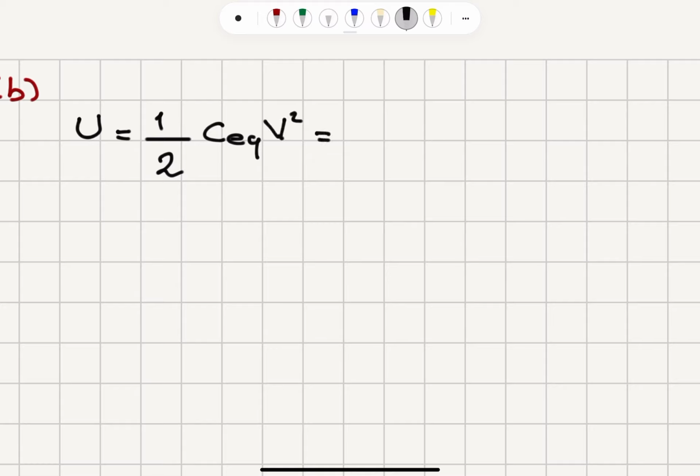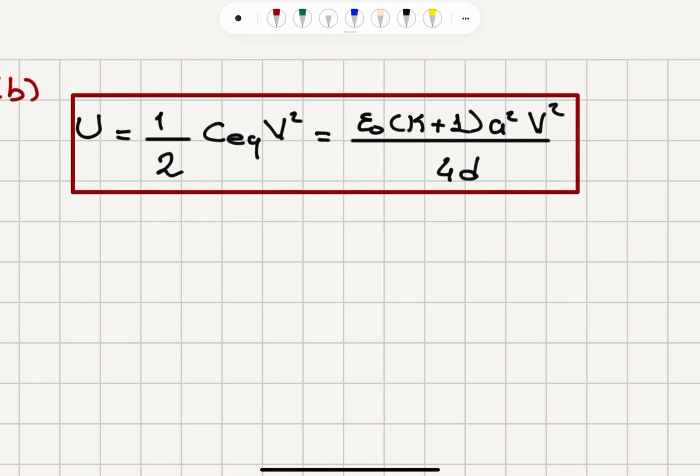So this would be epsilon 0 kappa plus 1 A squared V squared divided by 4D. Because we had 2D in the capacitance, we have an additional factor of 1 over 2, so we have 4D at the bottom.